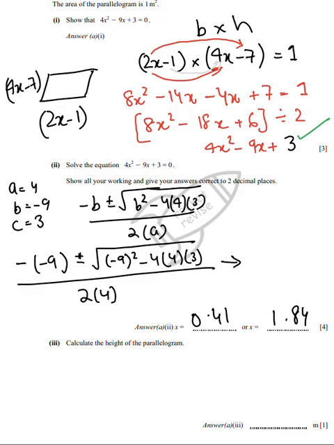That's great. Calculate the height of the parallelogram. Okay, what was the equation of the height here? 4x minus 7, right? So now tell me, what value are we going to use? Can we use both of the values?